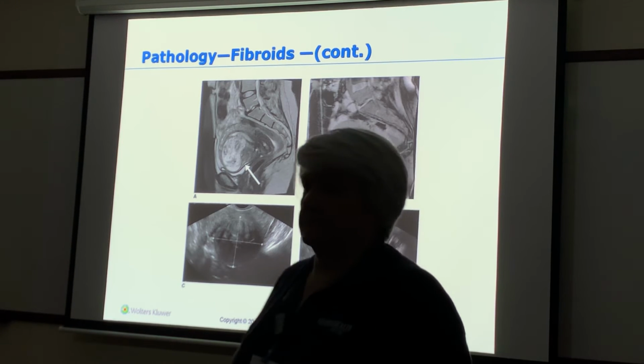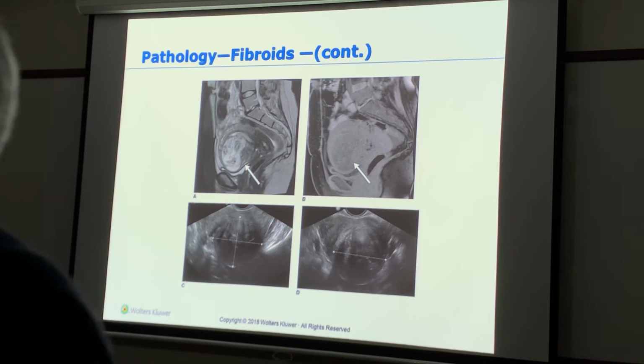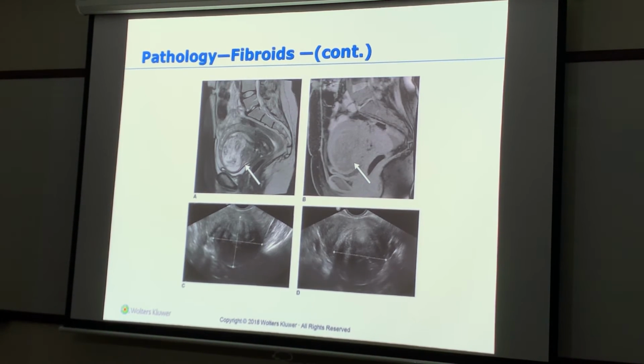Okay? Because when the penis hits the cervix, it moves the cervix and it's painful. Fibroids also cause dysfunctional uterine bleeding. Fibroids also are more prominent with our African American population.